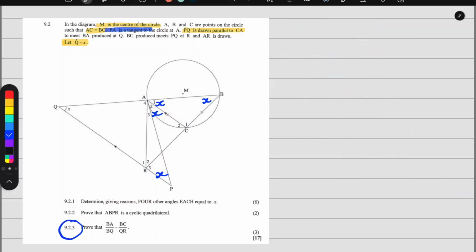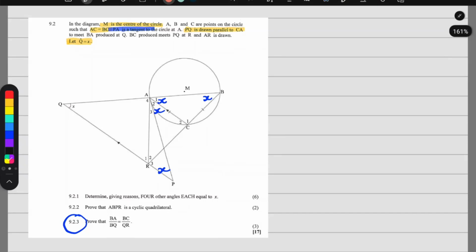Our last question under question 9 is 9.2.3. It says, prove that BA over BQ is BC over QR. So let's highlight, many ways to do this question. You can use prop theorem or similar triangles.